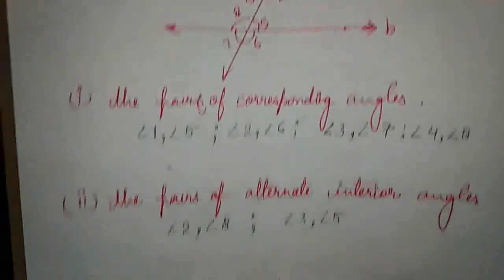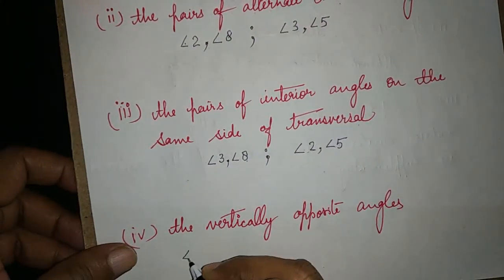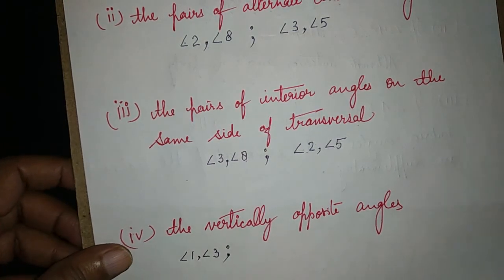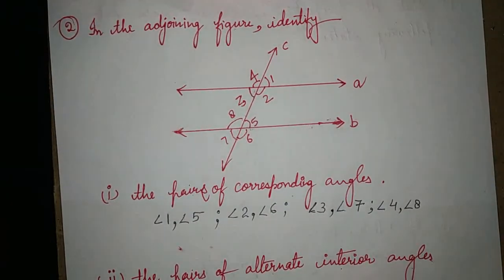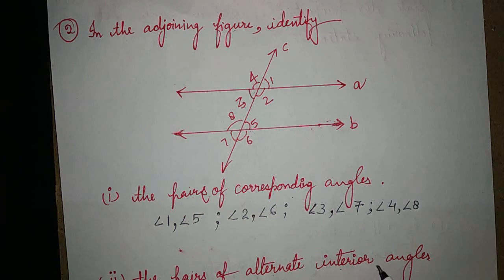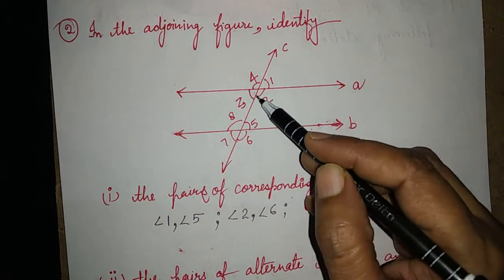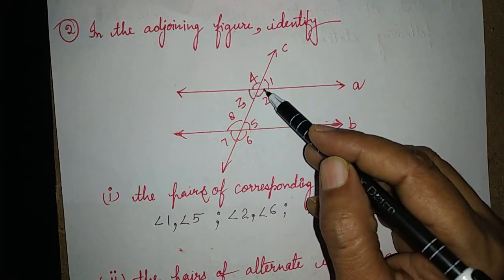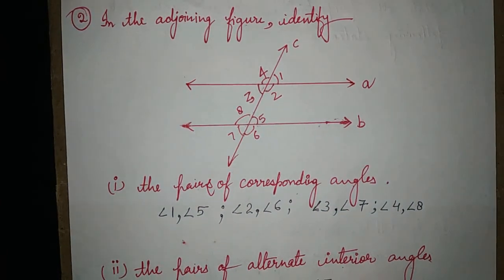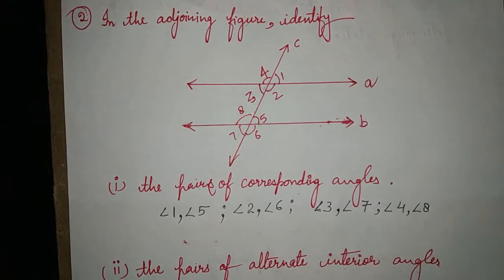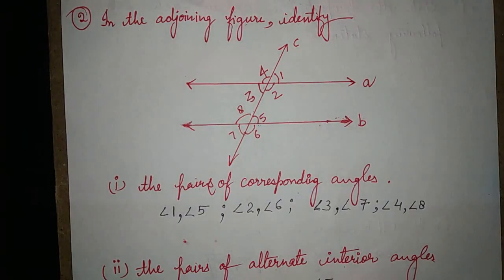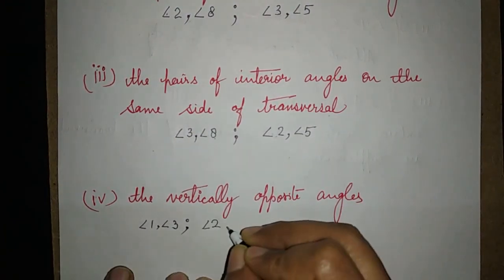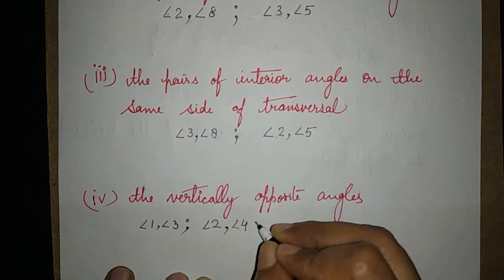Now the second pair: angle 2 and angle 4 are also vertically opposite angles. So we will write angle 2 and angle 4.